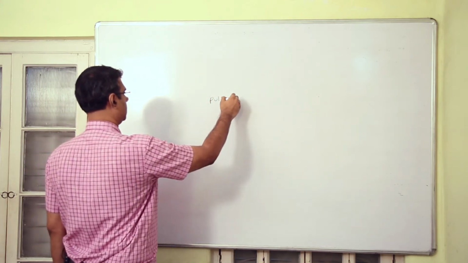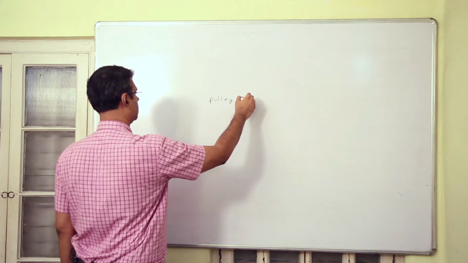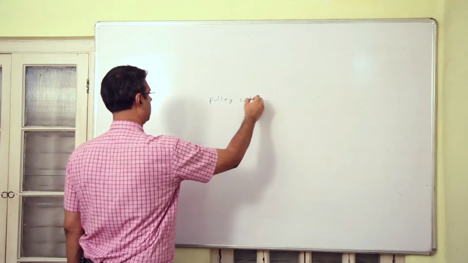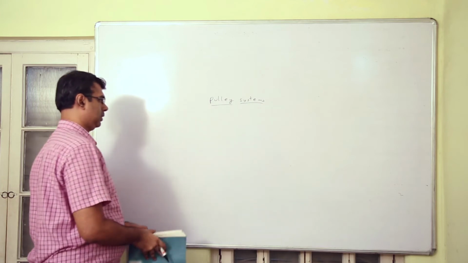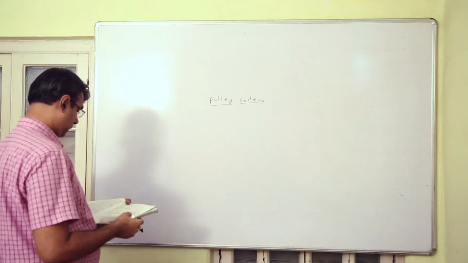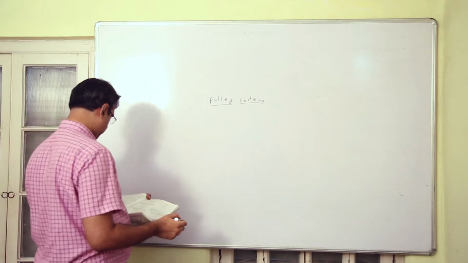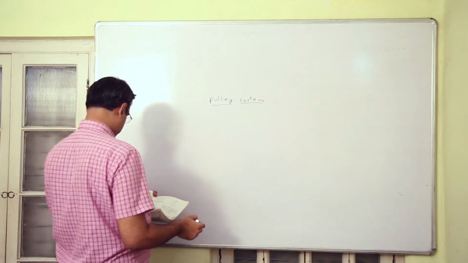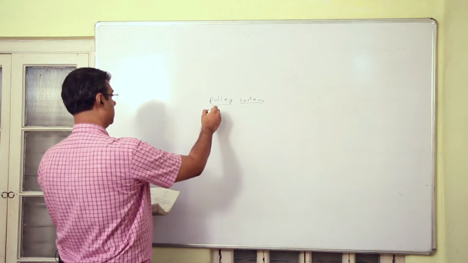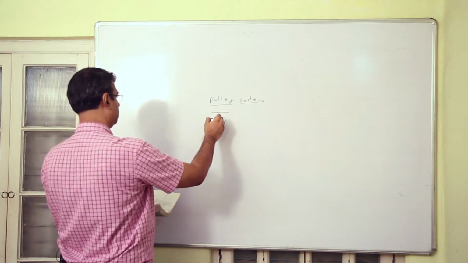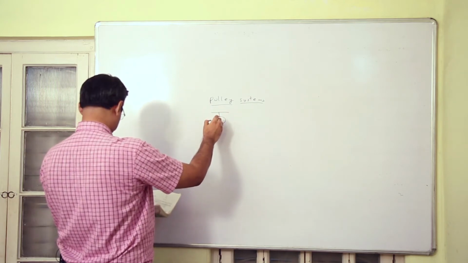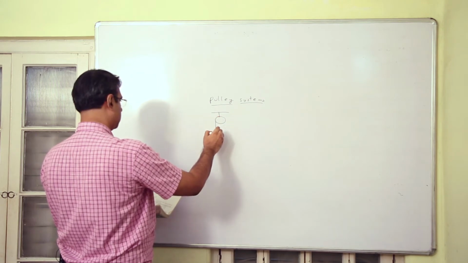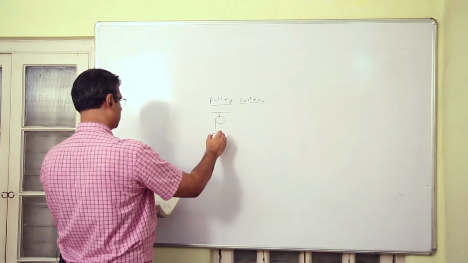Now we will discuss this topic, that is pulley systems. You know that pulley systems are a very integral part of Newton's laws. Suppose this is a massless pulley and there are two masses.